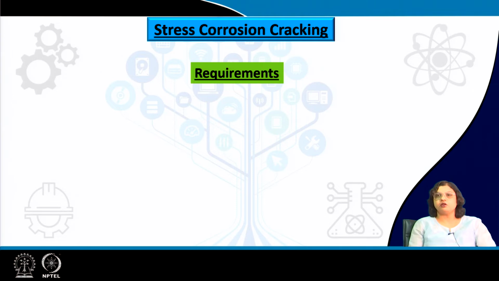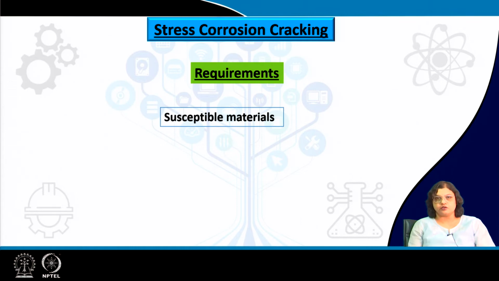And the particular factors that are required to materialize stress corrosion cracking are the following. We need a material which is susceptible to stress corrosion. Okay. Not all the material systems will undergo stress corrosion cracking, only those materials which are susceptible to the corrosion reaction can go through stress corrosion cracking.